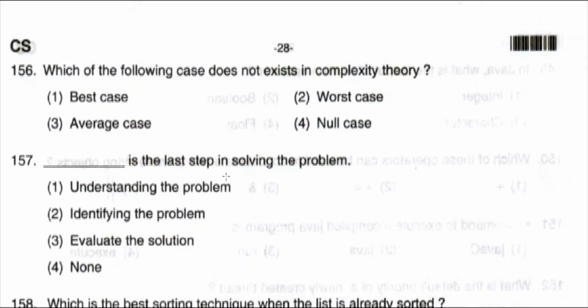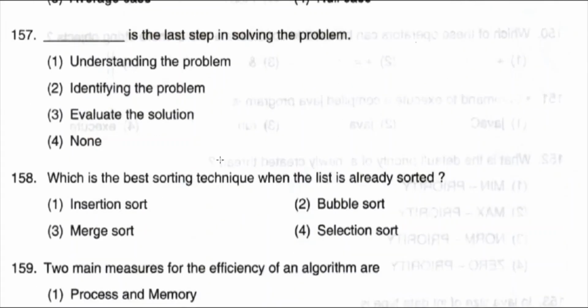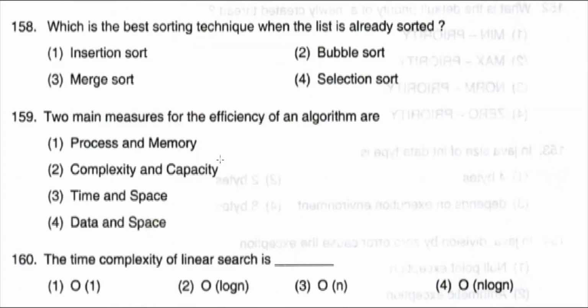Next question is 158. Which is the best sorting technique when the list is already sorted? So the list is already sorted, so go for the choices. First one is insertion sort, second bubble sort, third merge sort, fourth selection sort.